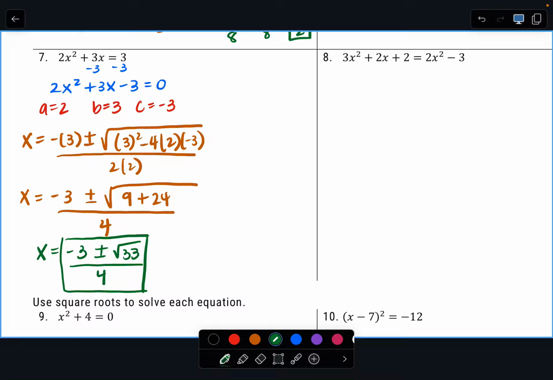X squared plus 2x. I think we get it. Once you have everything on one side of the equation, fill in the quadratic formula.